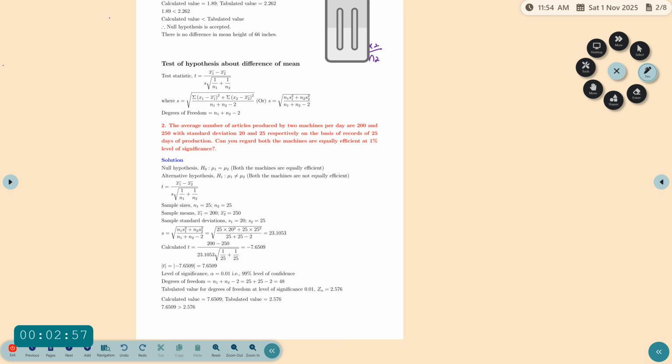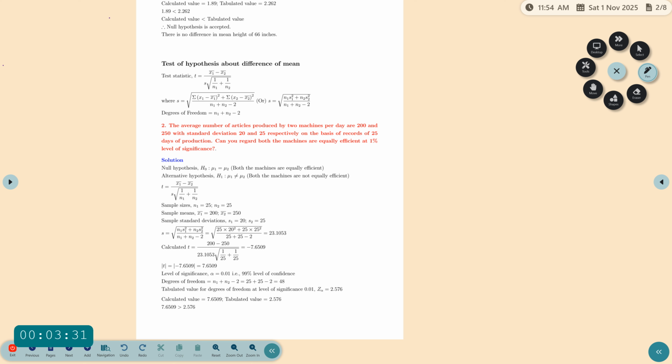So there are two ways: if the means and standard deviations are given straight away, we use the earlier formula to calculate the pooled standard deviation. If only the data is given and the means and standard deviations are not given, we need to calculate them using this relation.